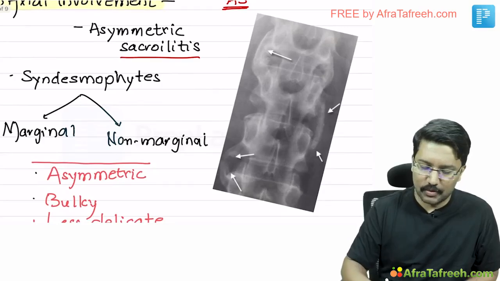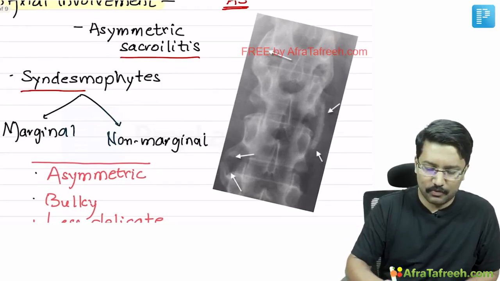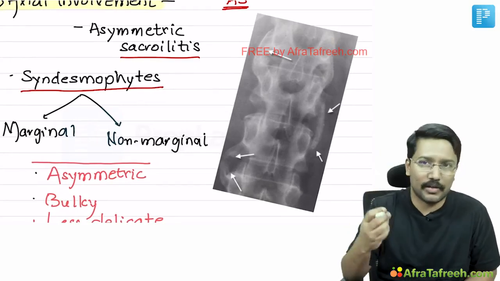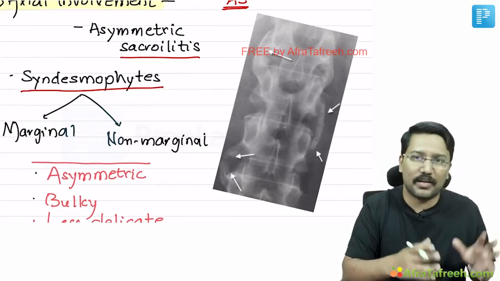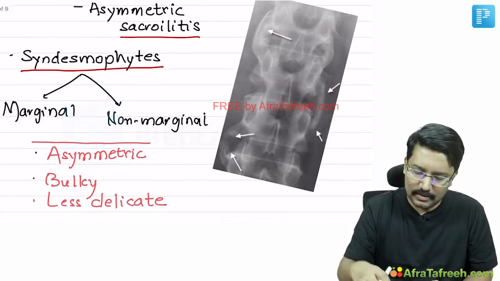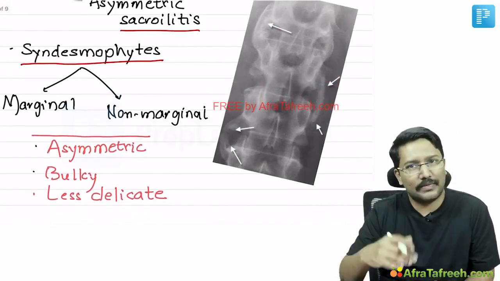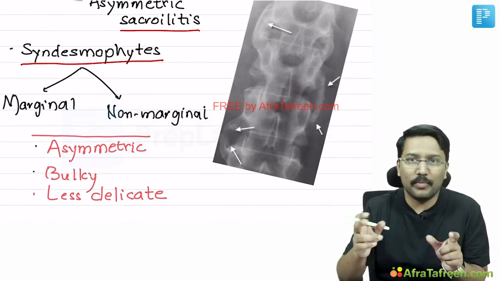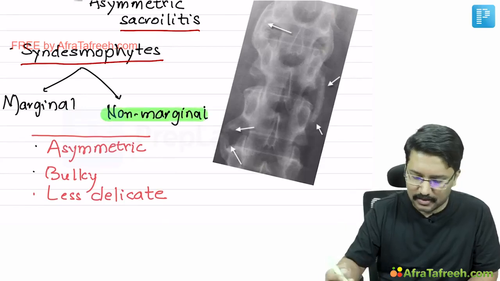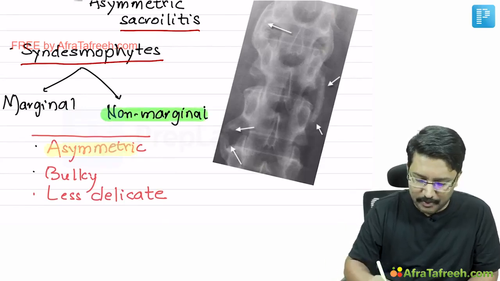The second thing that helps us distinguish is the nature of syndesmophytes. Syndesmophytes in ankylosing spondylitis are more characteristically marginal, and they are generally delicate. But in psoriatic arthritis, you see both marginal as well as non-marginal. But the non-marginal is characteristic, and these are often asymmetric.